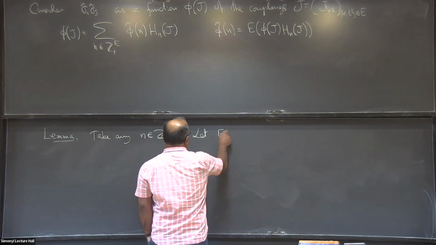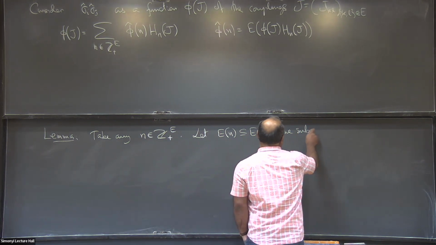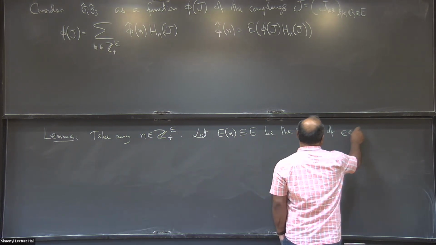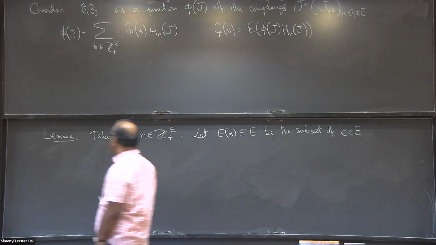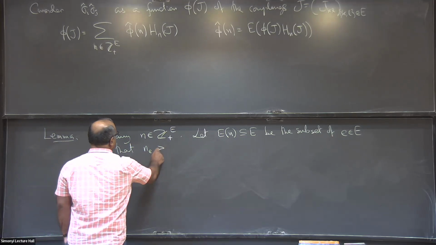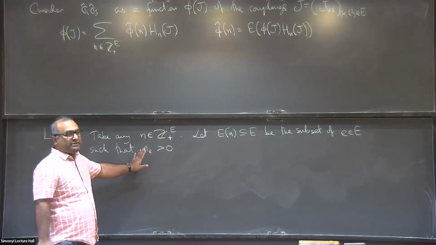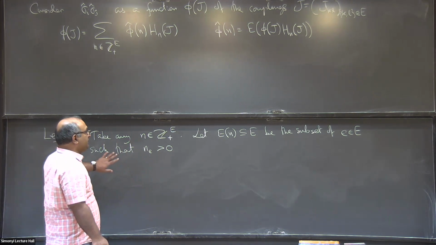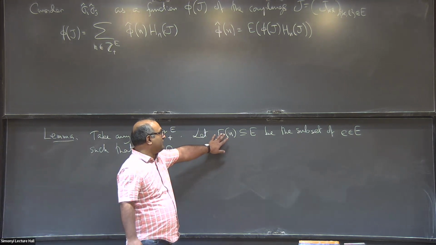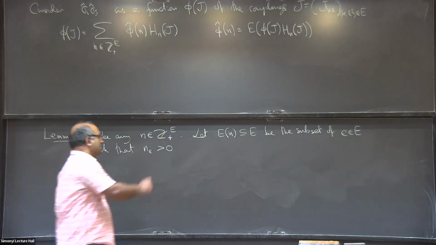Let E_n contained in E be the subset of edges e such that the corresponding index n_e is positive. Note that n_e is always a non-negative integer, so it can be 0 or non-zero. You keep only those edges for which this is positive. So you just take that set.